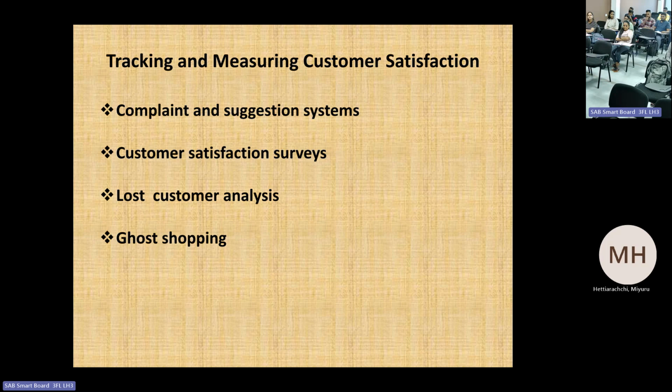Those ghost shoppers, I mean the GAP in terms of McDonald's, write the report with the name. Like if I serve you and my service is so bad, you write my name in the report: I was served by this person, it was so horrible. Then I am put back; I will never be able to speak to customers. That means I'm not suitable to deal with customers if I get a negative complaint like that.